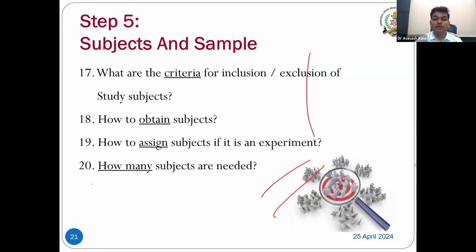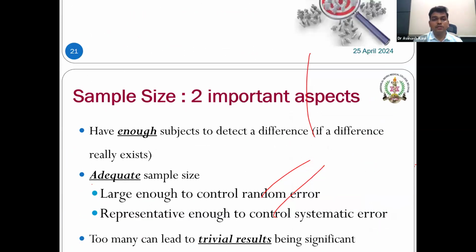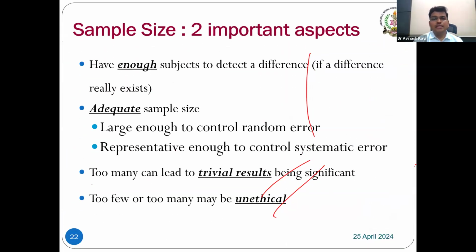Based on that, we can decide how many subjects we can recruit into the study. The 2 important aspects that we need to give attention to: have enough subjects to detect the difference, if the difference really exists. Please note that it should be enough to detect a difference.